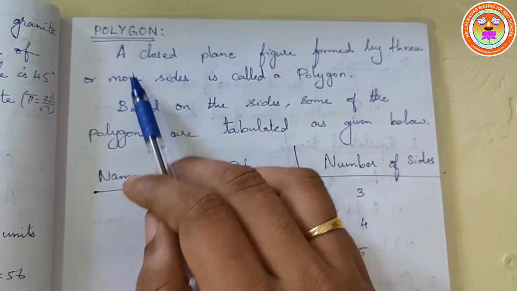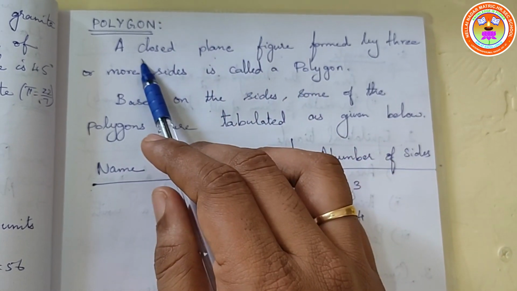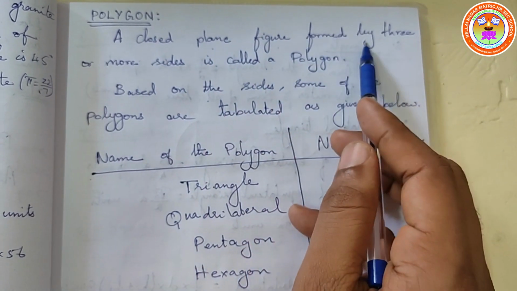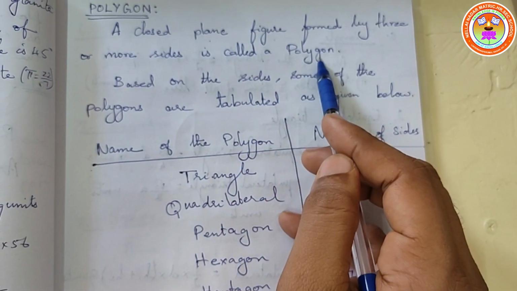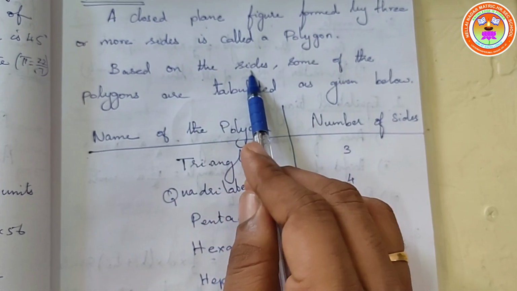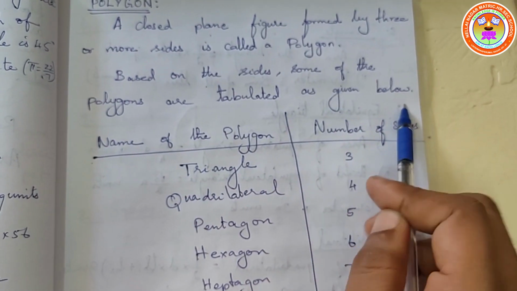Not polynomial, it's polygon. A closed plane figure formed by 3 or more sides is called a polygon. Based on these sides, some of the polygons are tabled as given below.